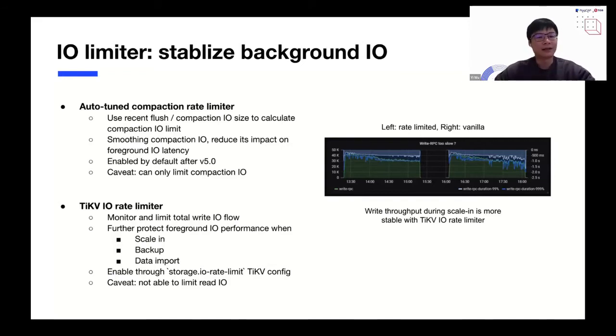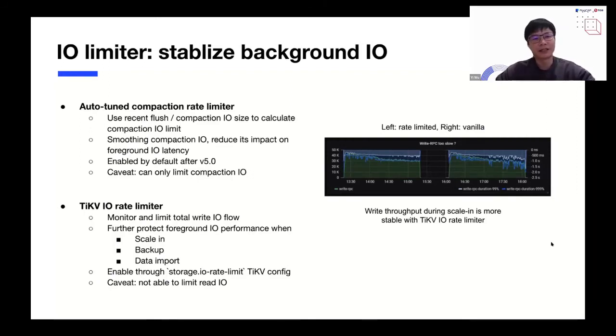Another thing we do is add the overall TiKV I/O rate limiter, which monitors all the I/Os, including the background compaction I/O, the foreground read and write I/O, and all the I/O that we issue for load balancing or backup, etc. We assign priorities to those I/Os, so if we are hitting the EBS throughput limit, we throttle the background I/O and make room for the foreground I/O.